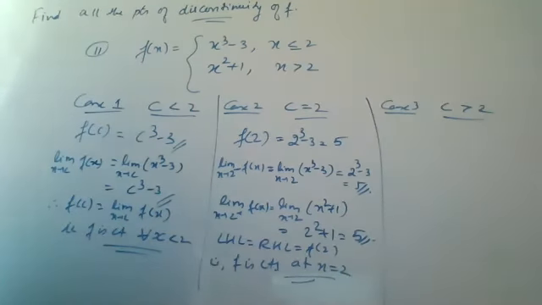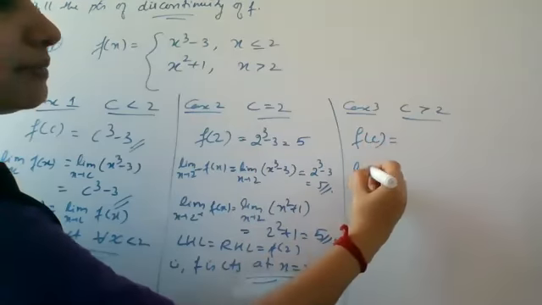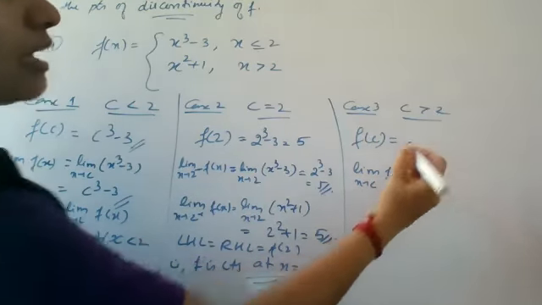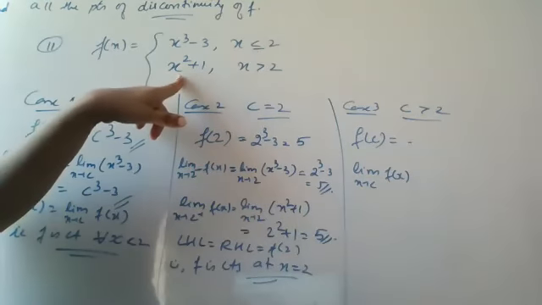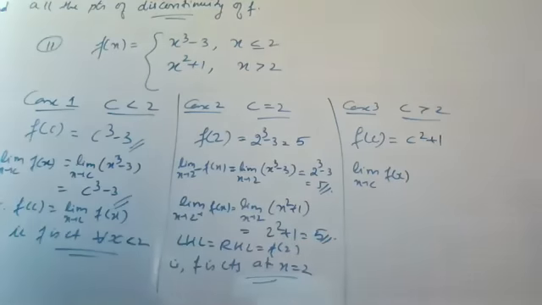The third case is c greater than 2. For greater than 2, what do you have? You have to conclude for f of c and limit x tends to c f of x. f of c means, c greater than 2 means you have to take this function which is x square plus 1. So you will directly get c square plus 1 here.